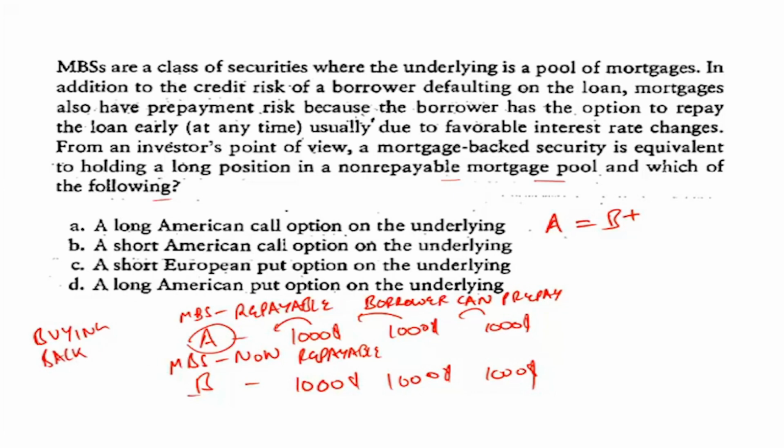So you had a security that would give you interest and principal. Once he prepays, he takes that security from you, not for free. So he pays you the outstanding principal, but then you don't have the security anymore or you don't have any claim anymore. So prepaying is like buying back the bond.